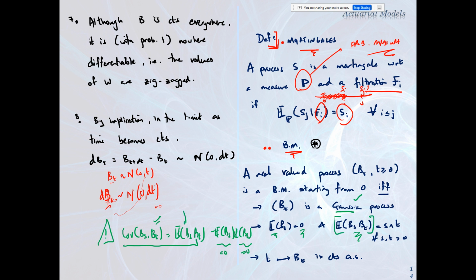But to go quicker, we can check only this part because the rest is 0. Expectation of B_s B_t should be equal to the minimum between s and t. And lastly, B_t is a function continuous in time almost surely. So it is continuous in time. Good.